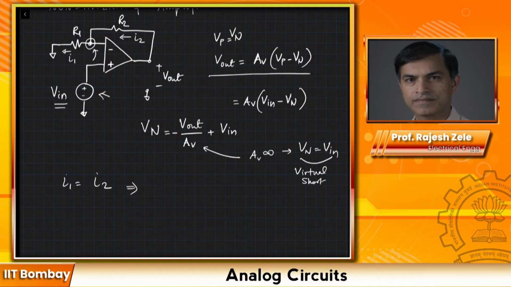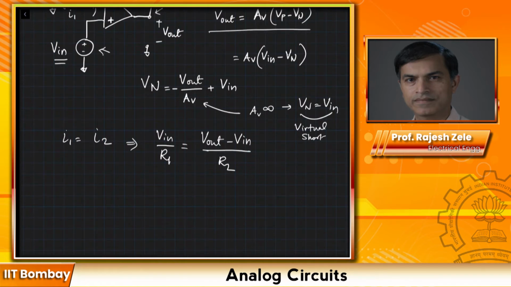This will give us Vin divided by R1 is equal to (Vout minus Vin) divided by R2. Remember, we have to look at the voltage drop across the resistor. The voltage drop across the resistor is Vout on one side and Vin on the other side. That's why we have Vout minus Vin divided by R2.